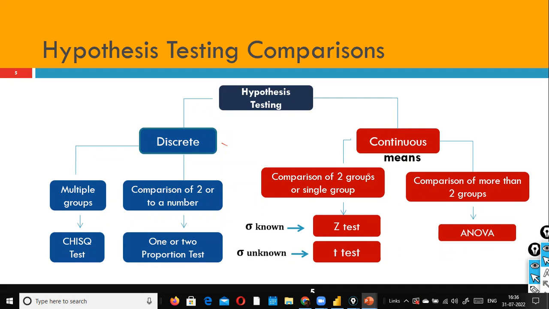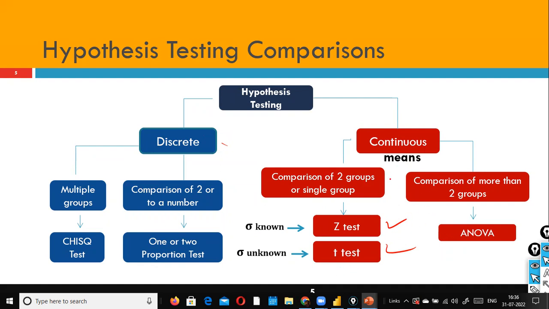If I have a single group or two groups, I can go for either a Z test or a T test. Again, there is a caveat here: if you know the population standard deviation, go for a Z test; if you don't know the population standard deviation, go for a T test.